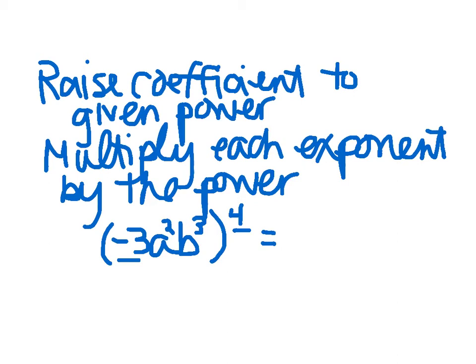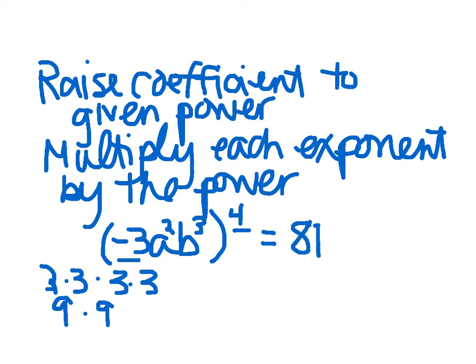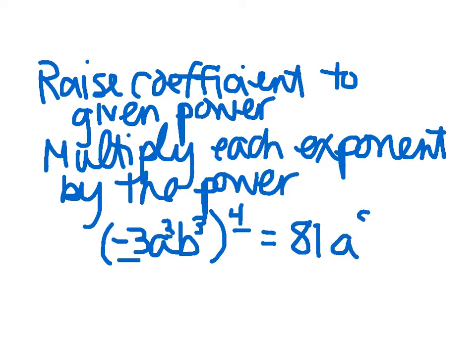And 3 to the fourth power is 3 times 3 times 3 times 3, which might seem overwhelming, but it's also 9 times 9, which is 81. So it's positive 81, and what I'm going to do with my exponents is multiply each of them. So a to the 2 times 4 is a to the 8th, and b to the 3 times 4 is b to the 12th.